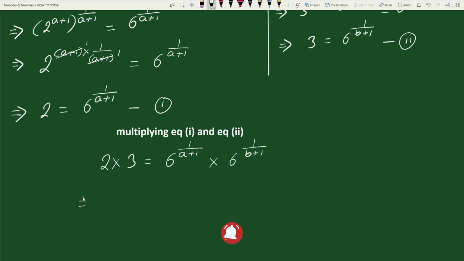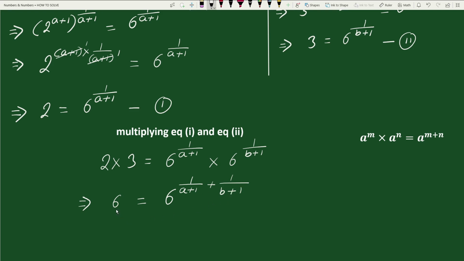This equals 2 times 3, which is 6, equals, again using the exponential rule, a to the power m times a to the power n equals a to the power m plus n. We can write this as 6 to the power 1/(a+1) + 1/(b+1).